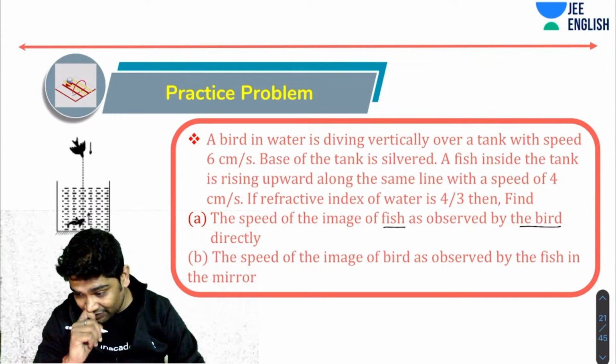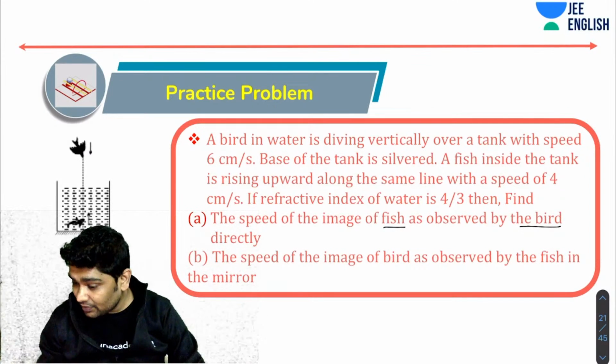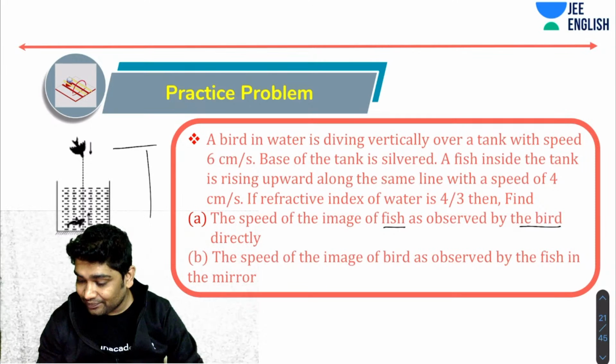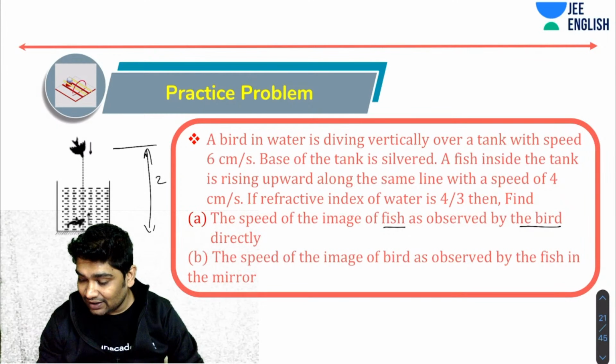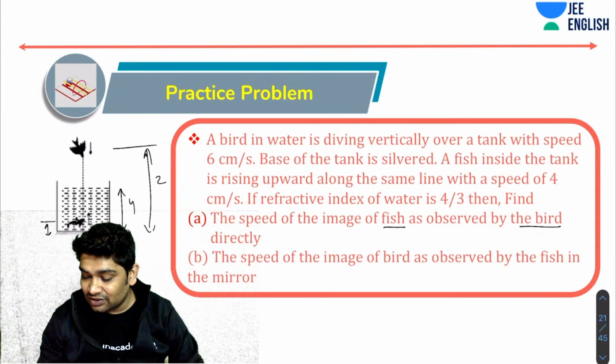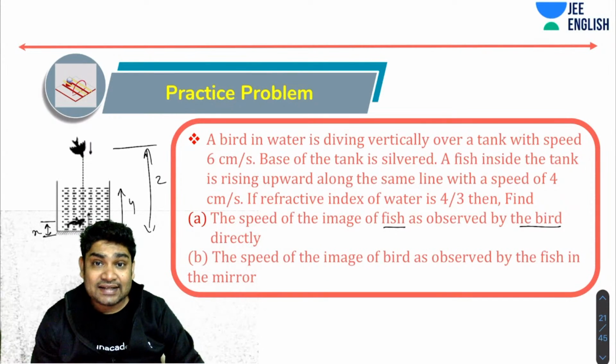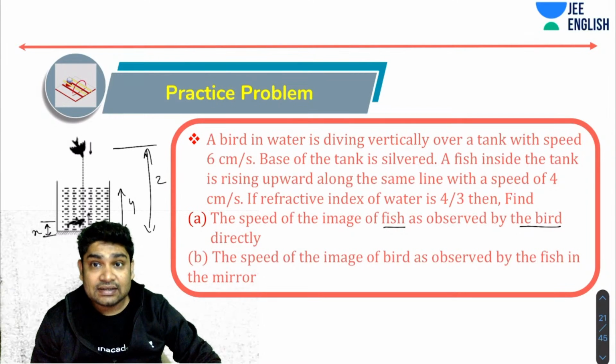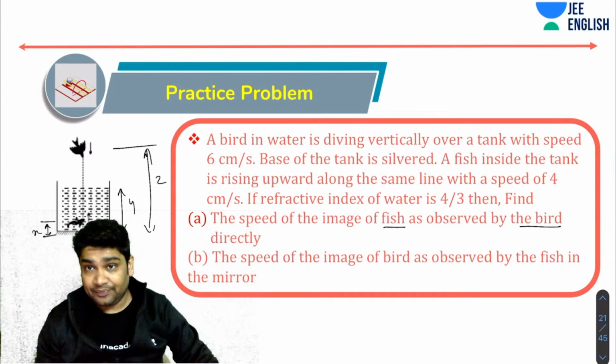What you realize is that this bird, let's say, is located at this distance z. This is y. This is x. So first, let's try and see the distance at this point that the bird sees the fish to be at.